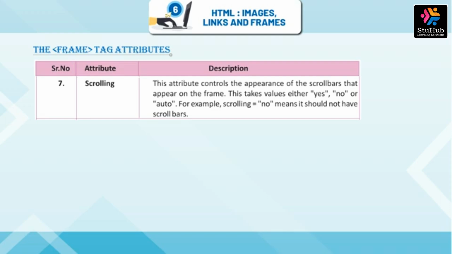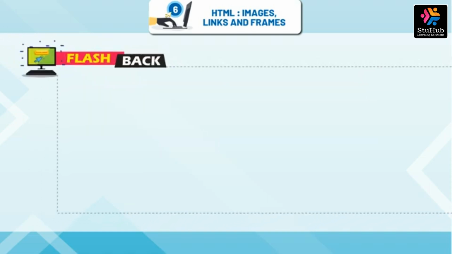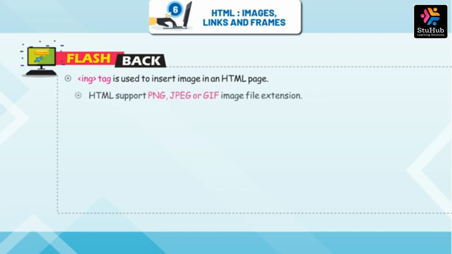For example, scrolling equal to no means it should not have scroll bars. 8. Longdesc. This attribute allows you to provide a link to another page containing a long description of the contents of the frame. For example, longdesc equal to framedescription.htm.